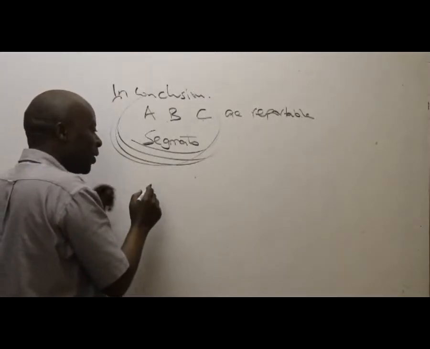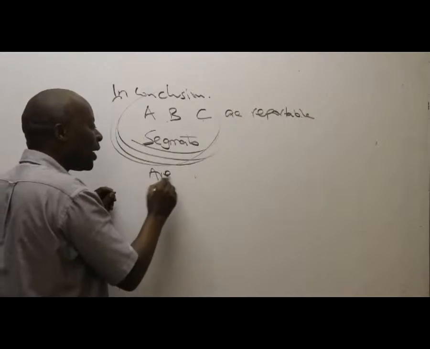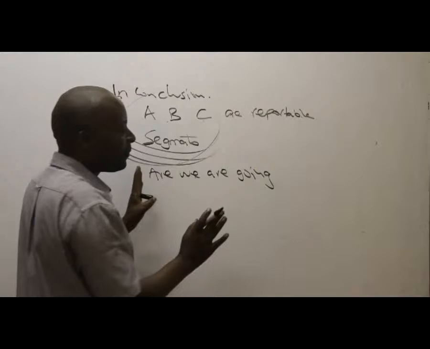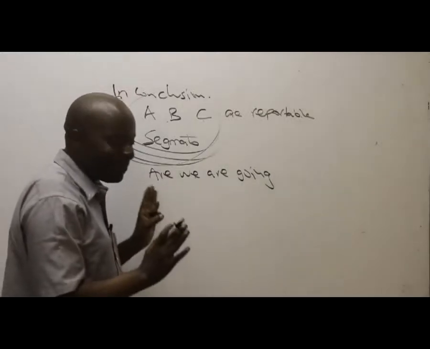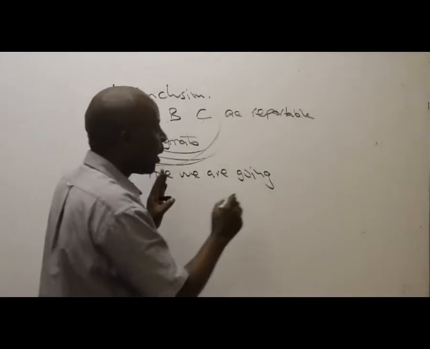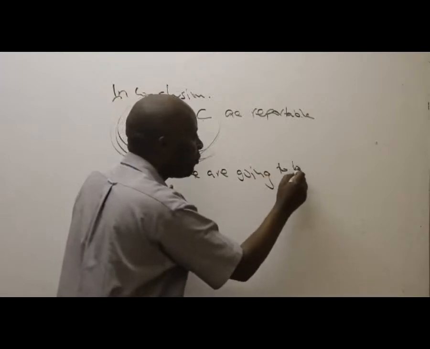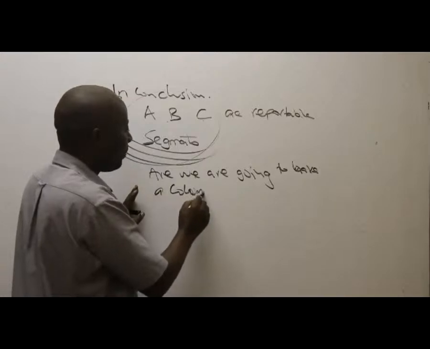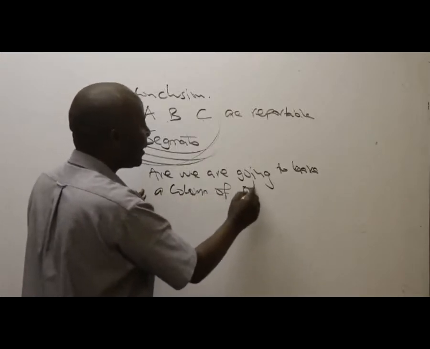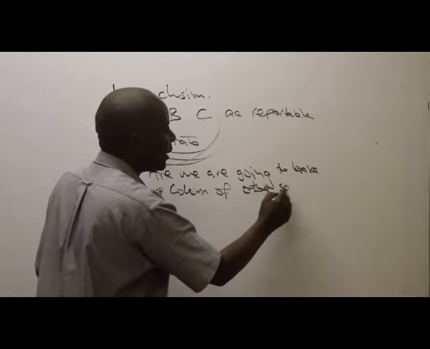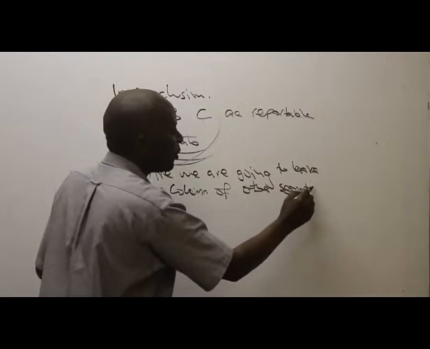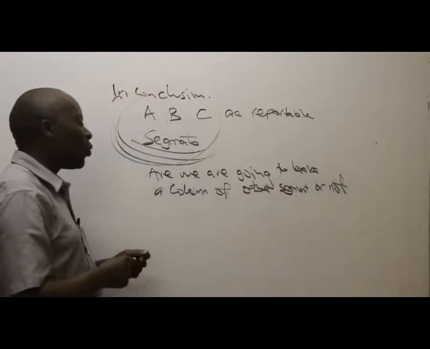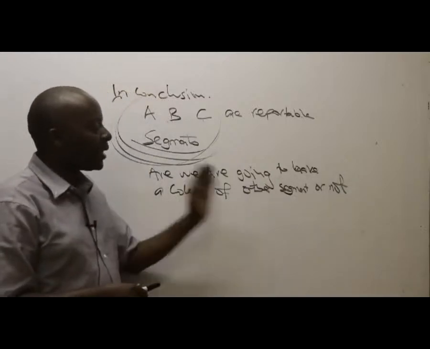But now we must ask ourselves, and this is very practical, I do these things in my office every day: are we going to have a column of other segments, consolidating all the other segments here, or not?